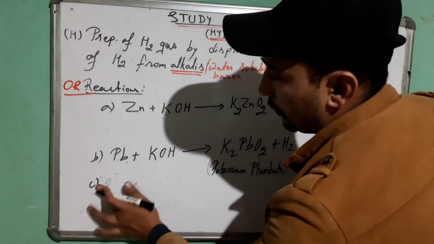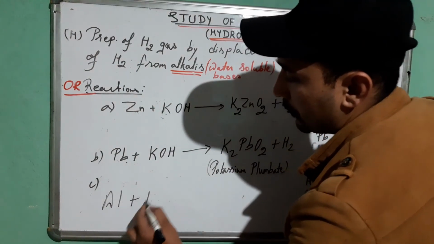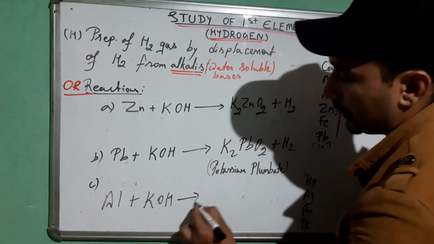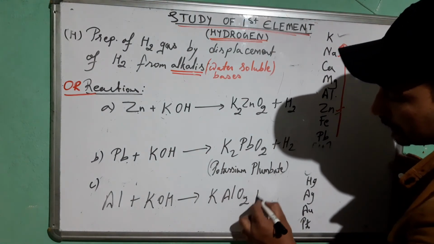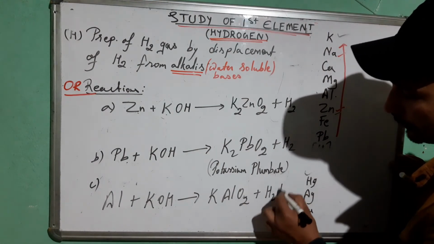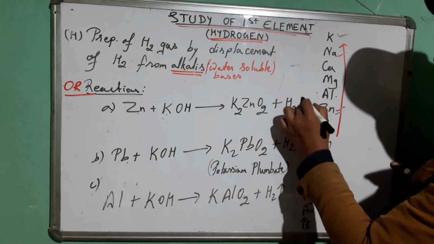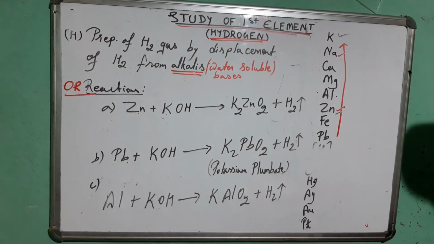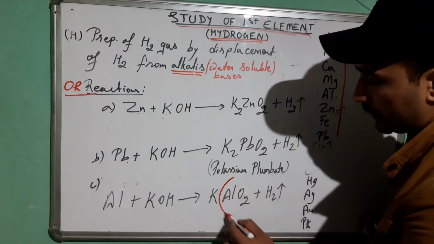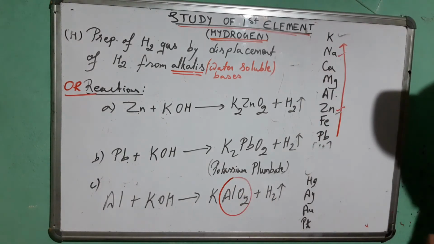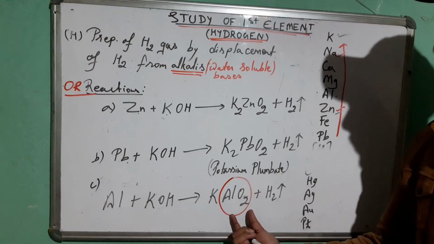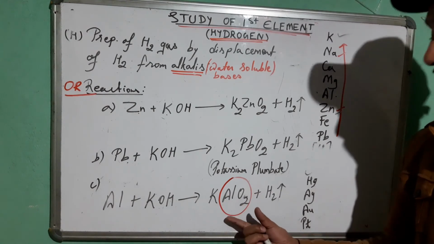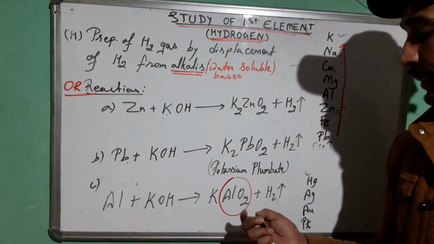Similarly, aluminum plus KOH gives potassium aluminate, KAlO2, plus hydrogen gas. This is sometimes also known as meta-aluminate. You can say the name of this compound is potassium meta-aluminate also.